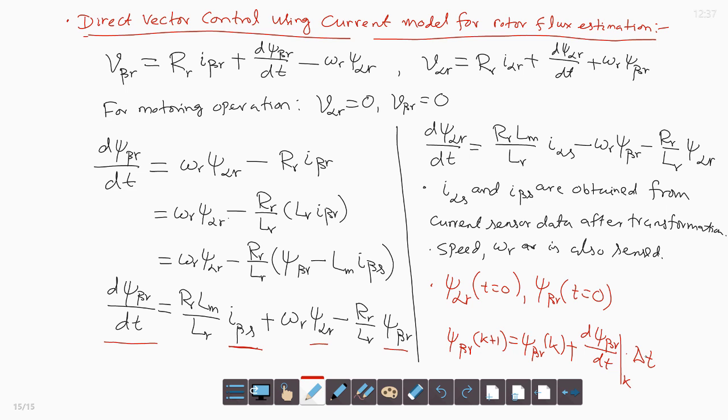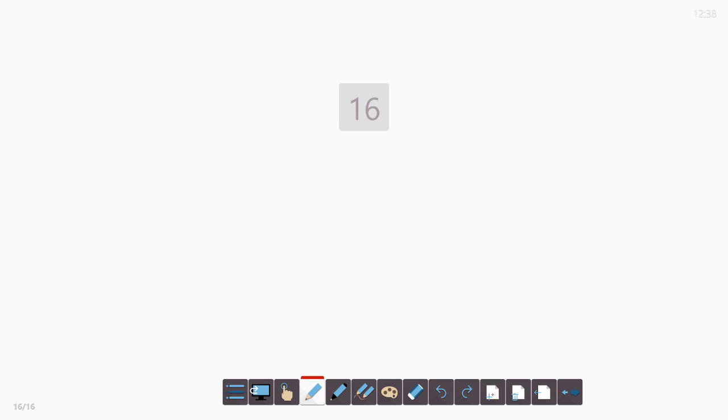So, we update psi beta R using this algorithm. Similarly, we update psi alpha R using a similar equation, since we have I alpha s, psi beta R and psi alpha R. So, using this current model, we estimate the rotor flux components psi alpha R and psi beta R for generating the unit vector.